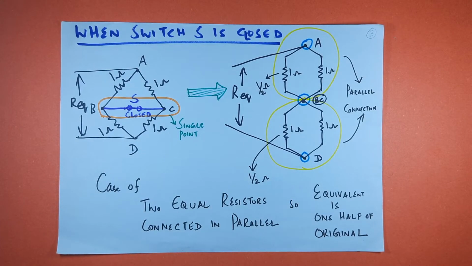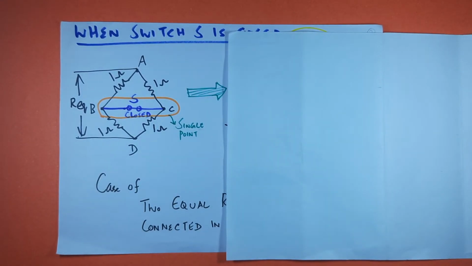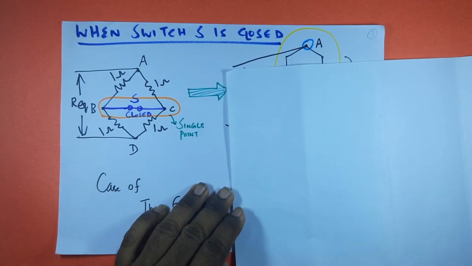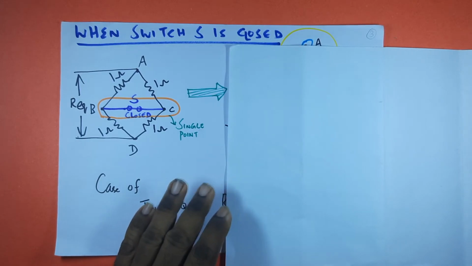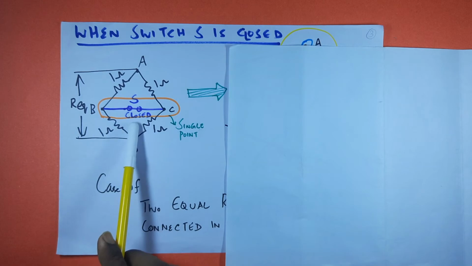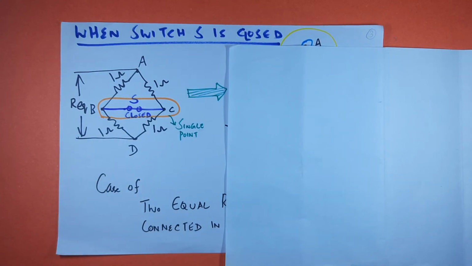So next case, when the switch S is closed. When the switch S is closed, it means points B and C are connected together. So points B and C will become a single point.